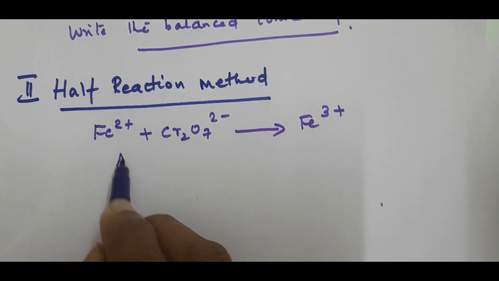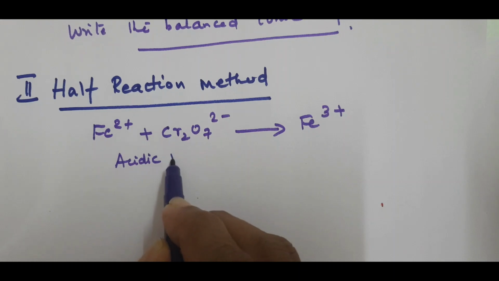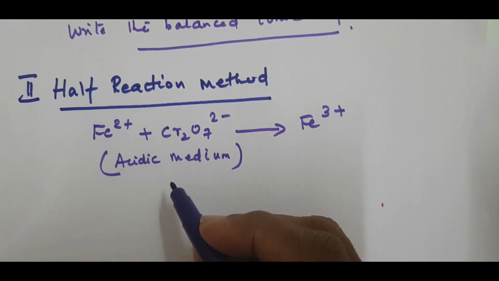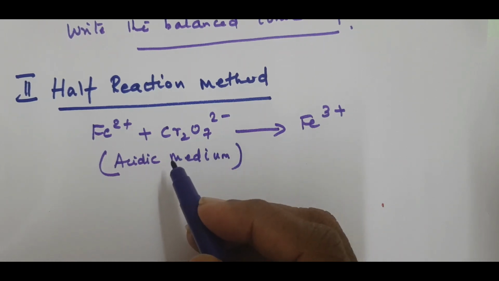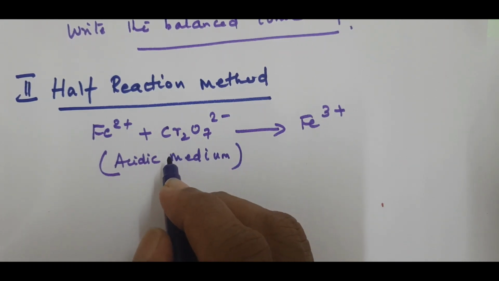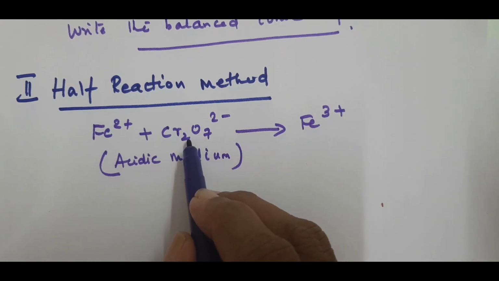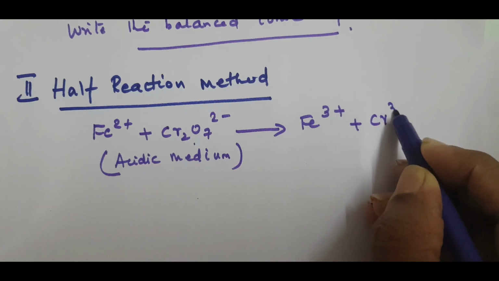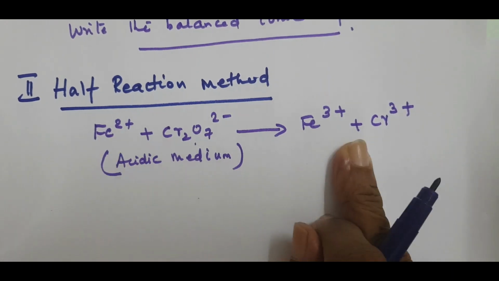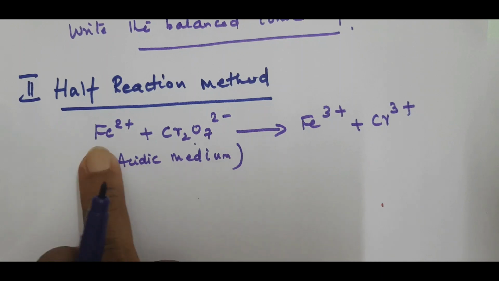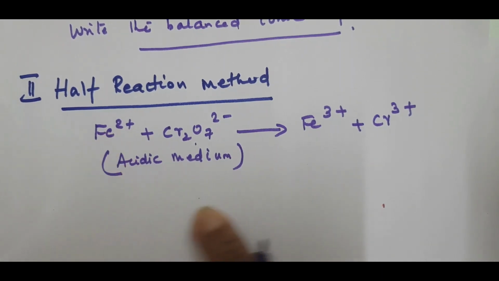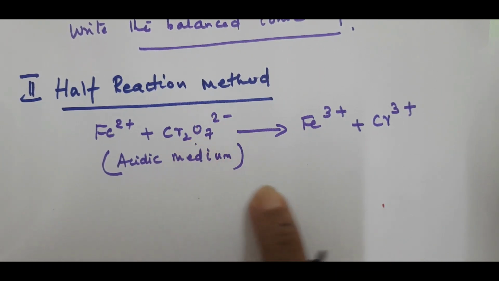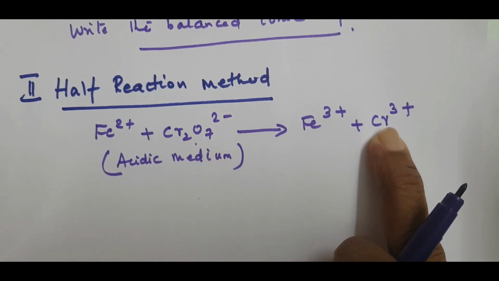In acidic medium, you have been given a hint that this reaction is taking place in acidic medium. Again, the question states that this Cr2O7 2- is reduced to Cr3+ ions. So already it is given that the Fe2+ is getting oxidized to Fe3+ and the Cr2O7 2- is reduced to Cr3+.